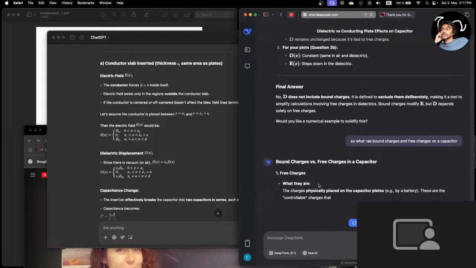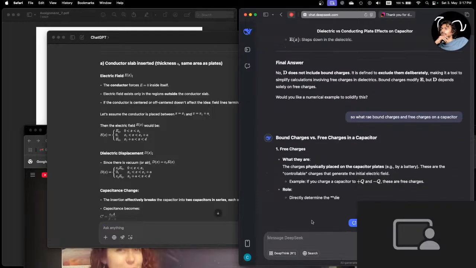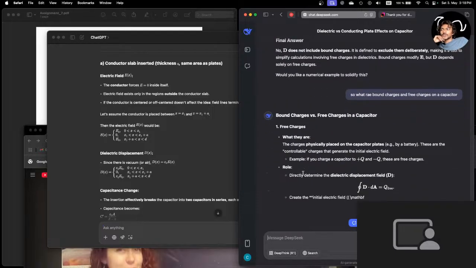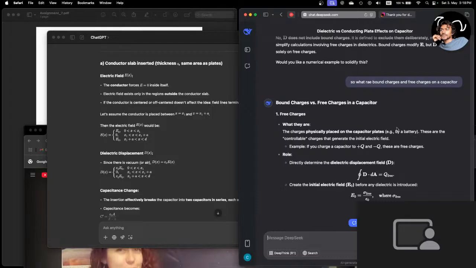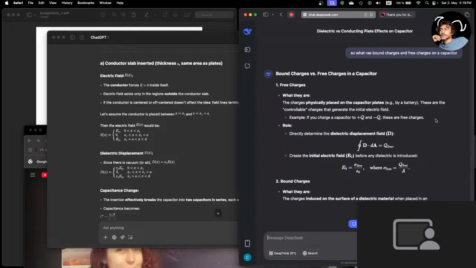Bound charges versus free charges in a capacitor. Free charges: the charges physically placed on the capacitor, for example by a battery. These are controllable charges that generate an initial electric field, and they directly determine the dielectric displacement field.